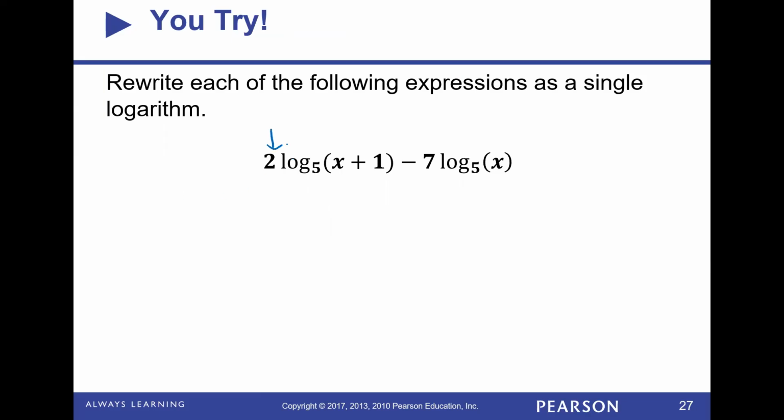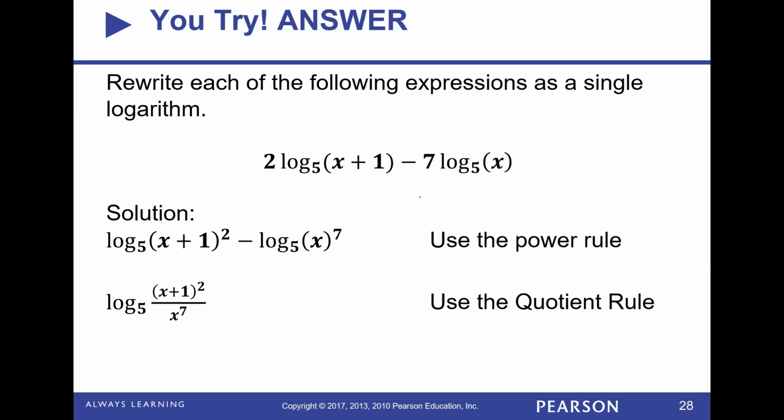Again, we'll start with what's in front of our logs first. In our case here, I am going to be a little cautious, because notice this part right here is x plus 1, and that is more than just one item. Because it is multiple items inside the set of parentheses, instead of putting the power on the inside of the parentheses, we're just going to hang it up on the top.